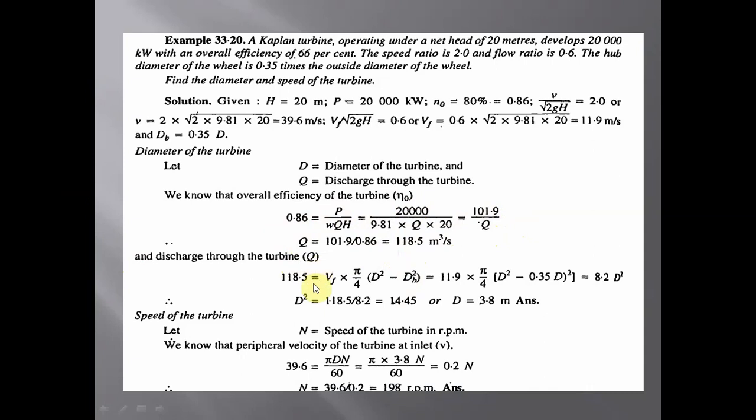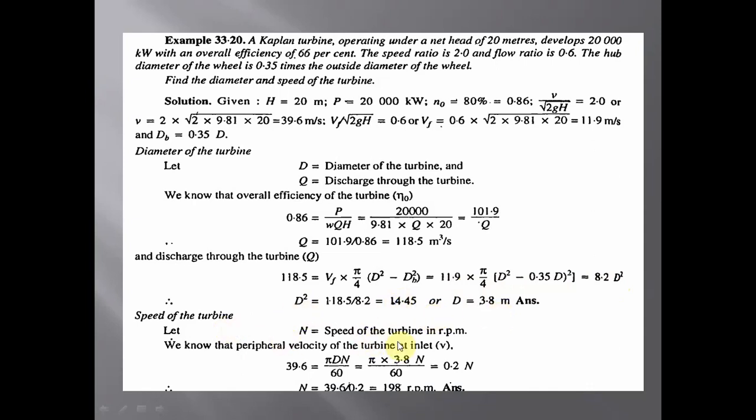Discharge through the turbine is equal to 118.5 is equal to Vf into pi by 4 into (D square minus 0.35 square D square), that is 7.9 into pi by 4 into (1 minus 0.35 square) D square, that is 6.2 D square. Therefore, D square equal to 118.5 divided by 8.2, that is 14.45, or D equal to 3.8 meters.